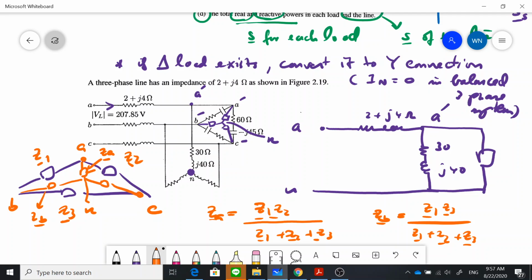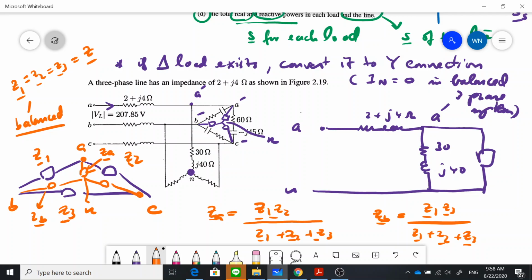But if it is a balanced delta connection, the Z1, Z2 and Z3 are the same. If it is balanced, then Z1 is equal to Z2 is equal to Z3, which is Z here, to a certain constant Z, all right?